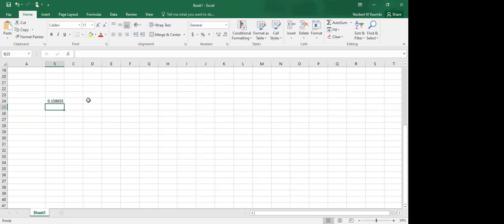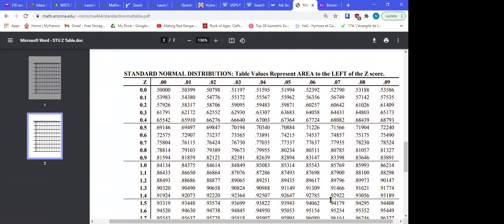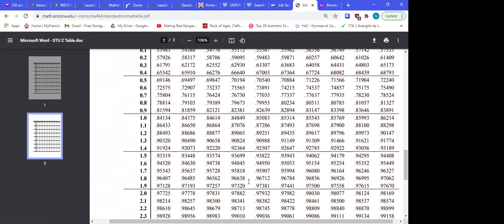But if you are using the standard table, and I want to find the probability that Z is greater than negative 1.24, I'm going to look for the probability that Z is less than 1.24. So I will go to 1.24. This is 1, 1.2 is here, 0, 1, 2, 3, 4.